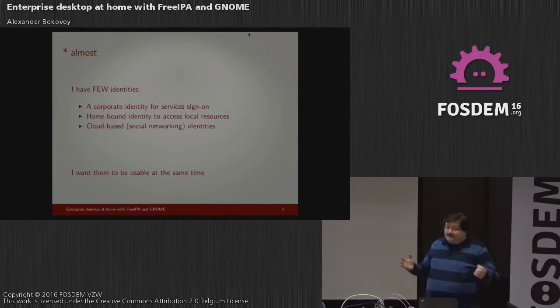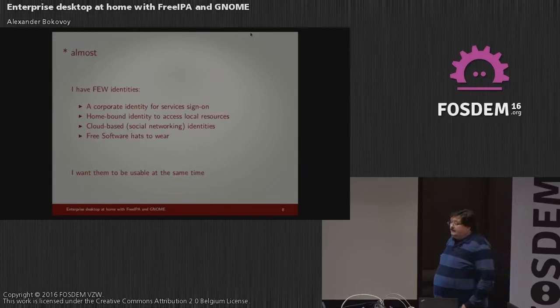Then you have a lot of cloud-based stuff that you have to deal with, be it your mail providers, your Facebook friends, if there are some, or Google Plus, or some other services. And then if you're participating in free software projects, chances are you actually participate in multiple projects, not just one. So you have multiple hats to wear.